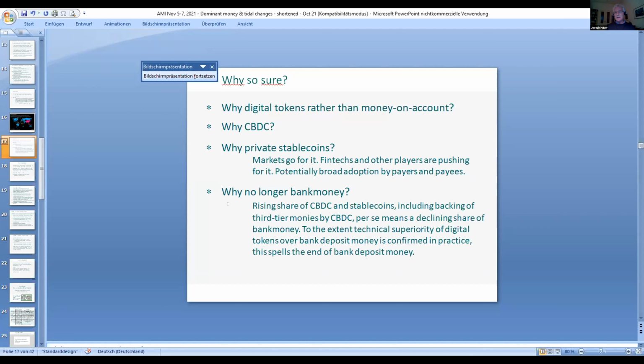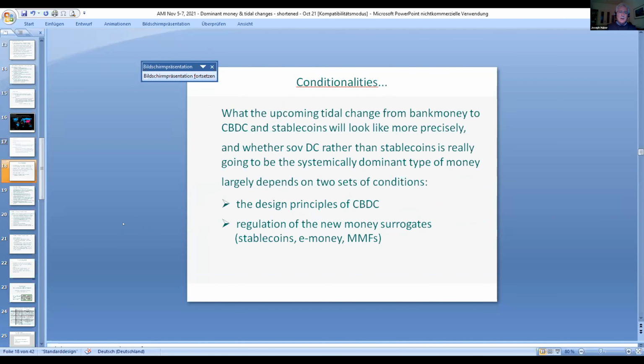And then, of course, if CBDC is on the rise and if private stablecoins are on the rise, then of course the share of bank money will be in decline. That is an immediate result of this, and the more so when CBDC will also be used as a coverage for new money surrogates.